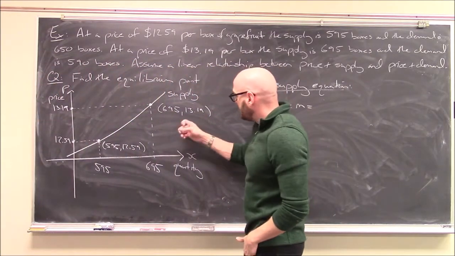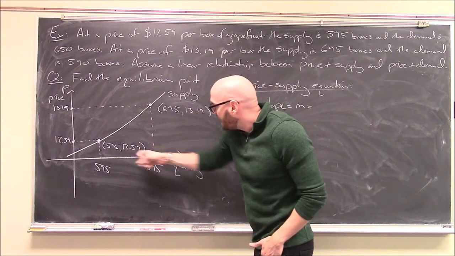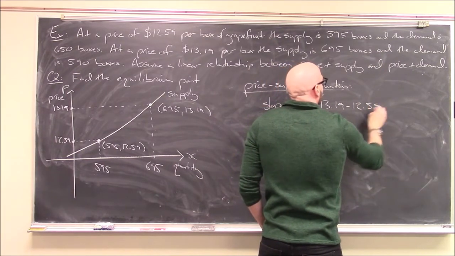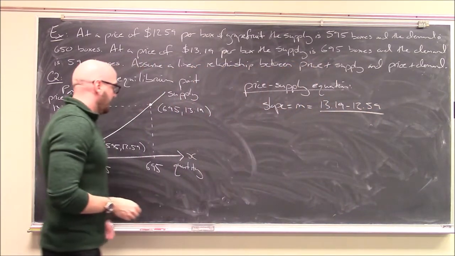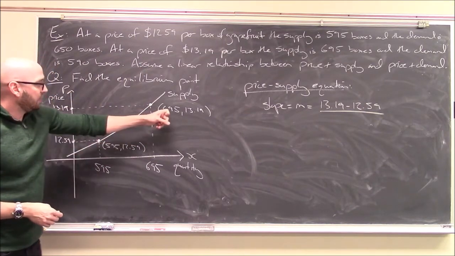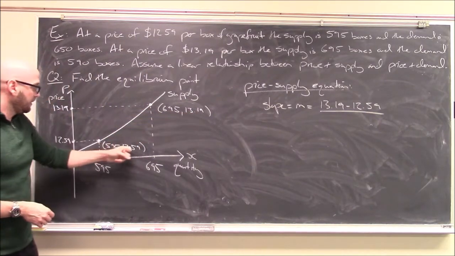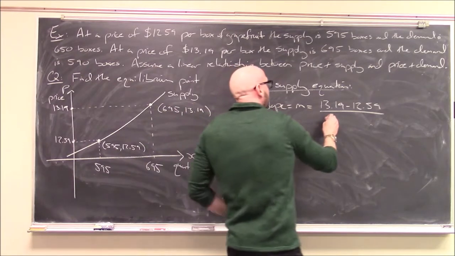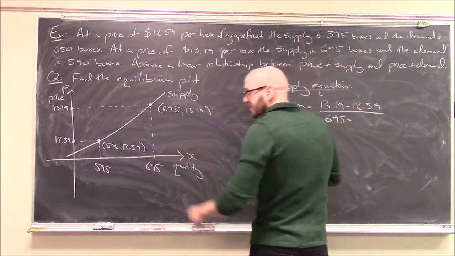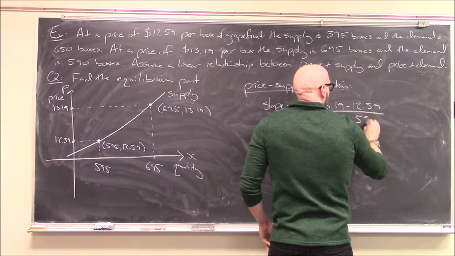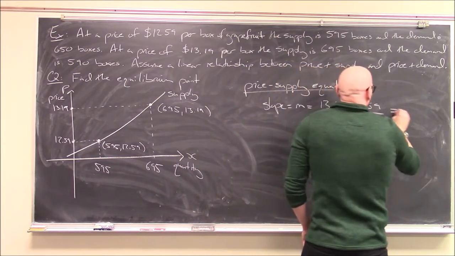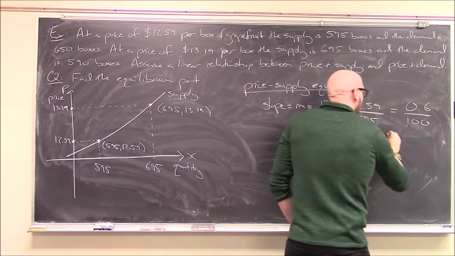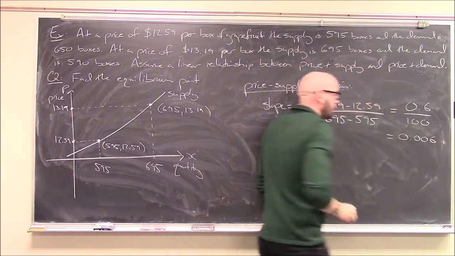We've got 13.19 minus 12.59 over 695 minus 595. This looks like 0.6 over 100, so that's 0.006.